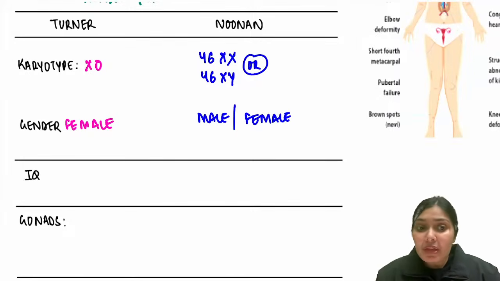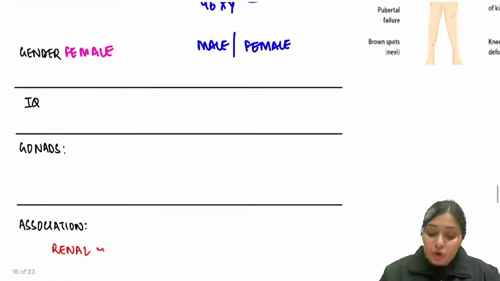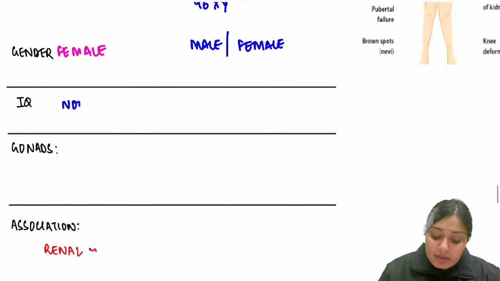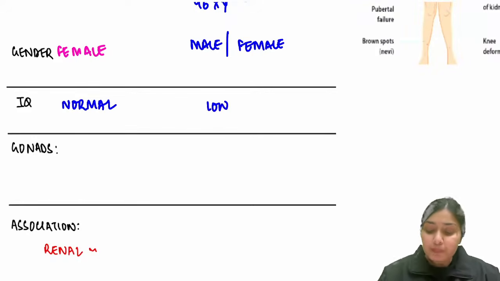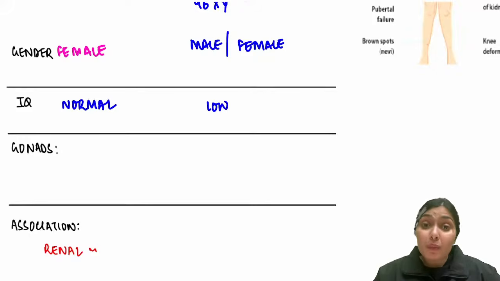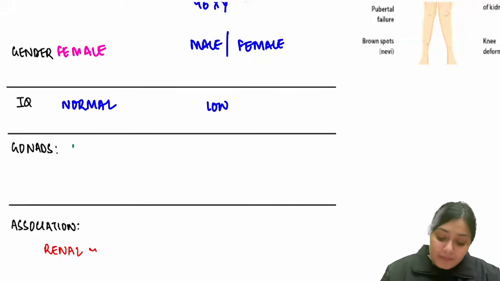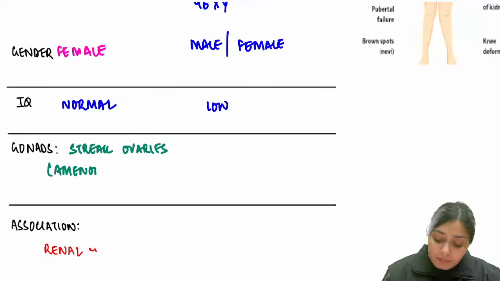It can be either a male or a female. If you talk about IQ, Turner syndrome patients have a normal IQ. But Noonan's patients have low IQ. If you talk about fertility, these Turner females have streak ovaries, non-functional ovaries. So they are going to have amenorrhea, infertility.